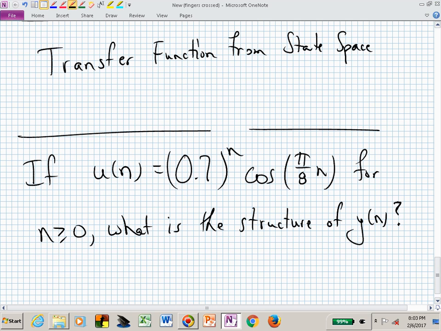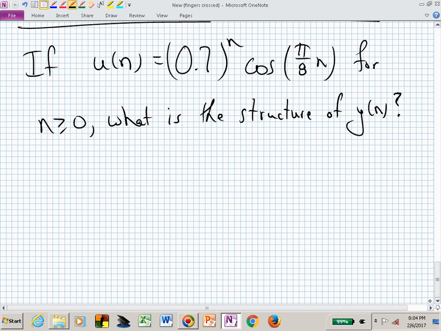What do I need to find in order to find the structure of y of n? R? Which R?